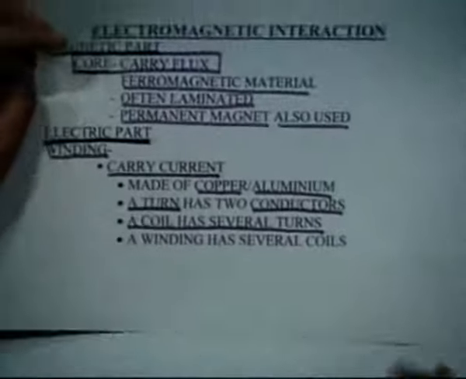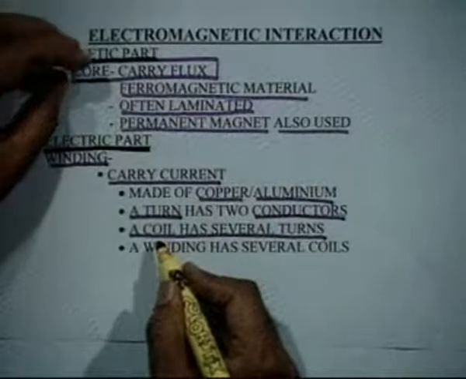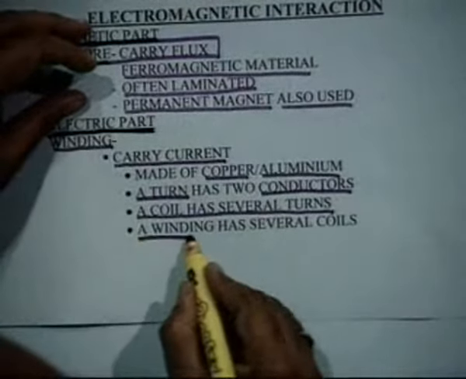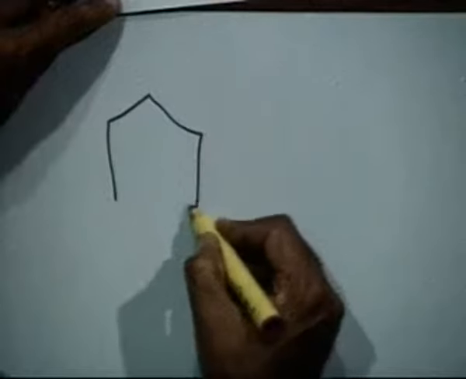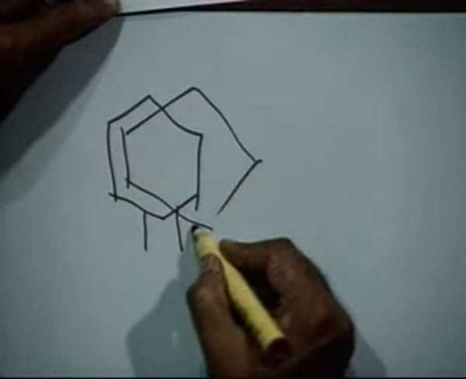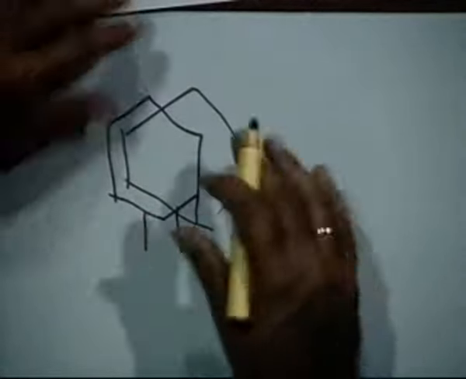So we have seen a turn and a coil. Then what is a winding? A winding will have several coils, a cluster of coils displaced in different ways. I may have one coil, and I may have another coil, like this. So you may have a cluster of coils which is distributed or placed.